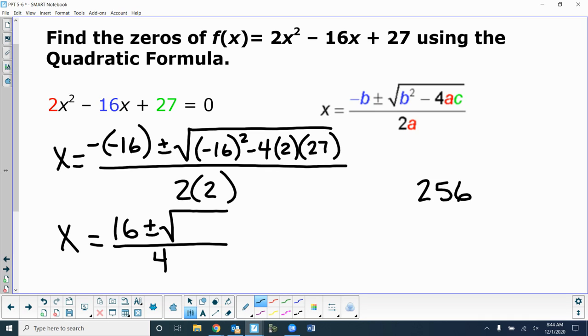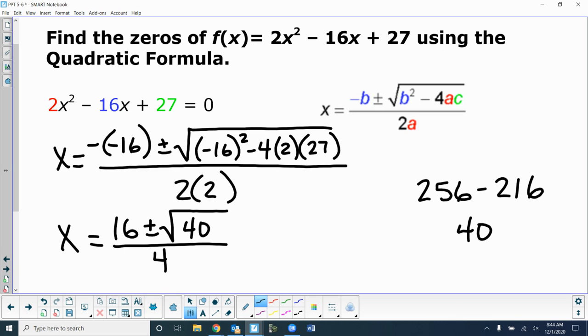Negative 4 times 2 is negative 8. Negative 8 times 27 would be what? 216? Which would be what? 40? That you guys got when you put it in your calculator? Anybody put it in their calculator? Danny, was that right? 40? Okay, so this would be a 40 right here.